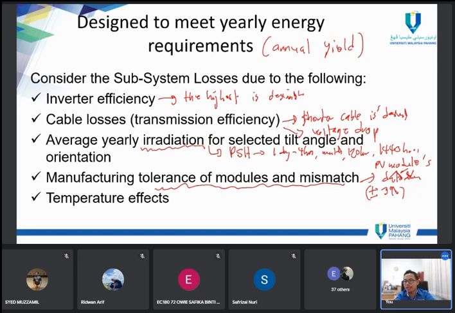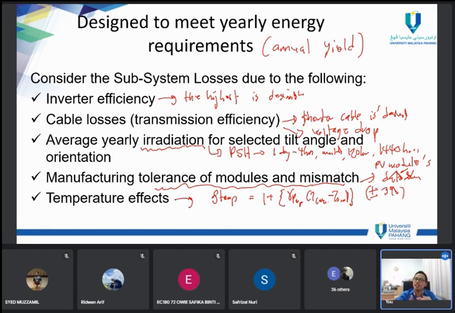Next, temperature effect. For the temperature effect, we are going to use the temperature coefficient factor, the F-temp. The original equation from the corrected one: 1 plus PMP coefficient times (T cell minus T STC). So this is the value of the temperature effects.